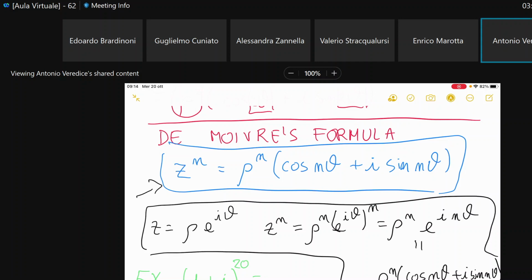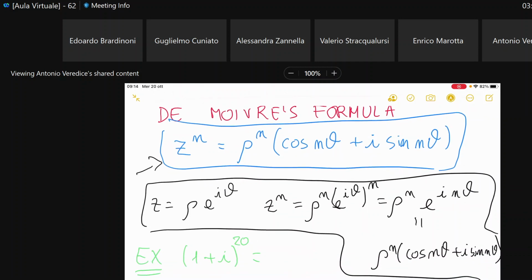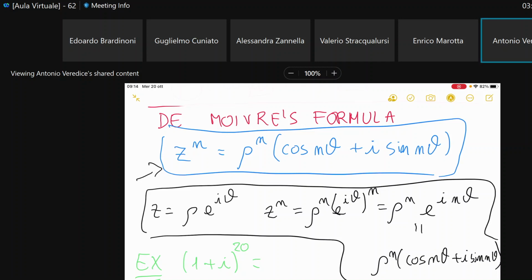You have to compute 1 plus I times 1 plus I 20 times. And so if you use the De Moivre formula, you can compute it in a few steps. Of course, the first thing to do is switching to the trigonometric form. Okay, so I think you can try by yourself.